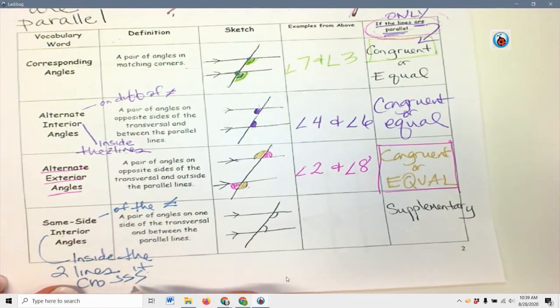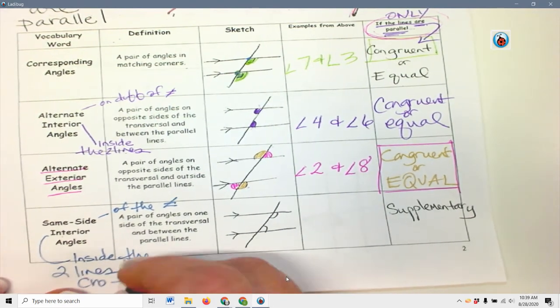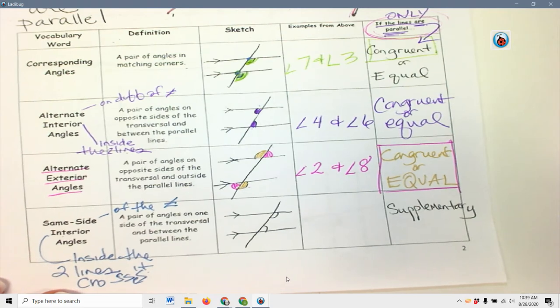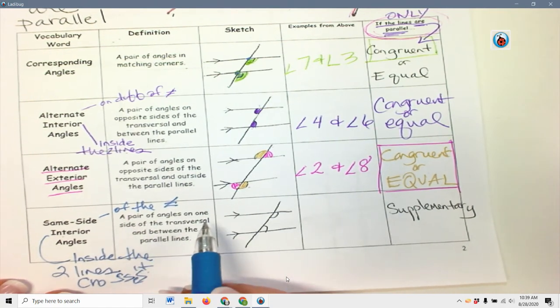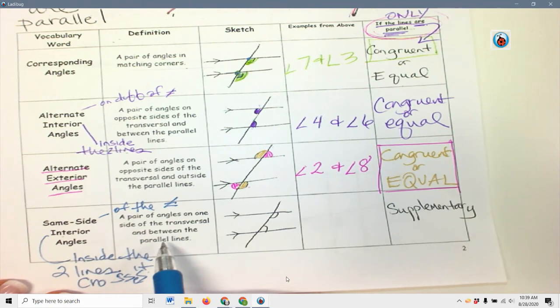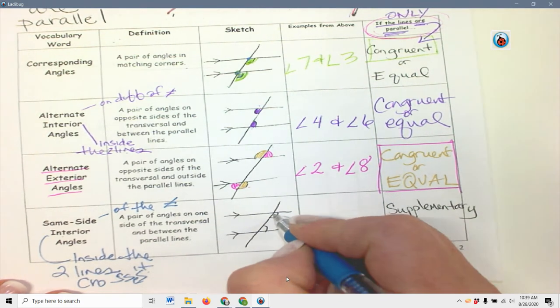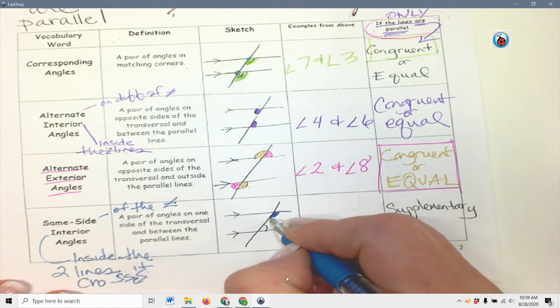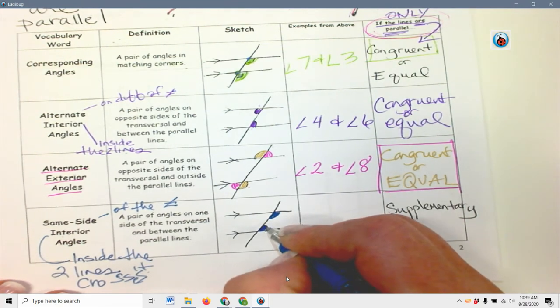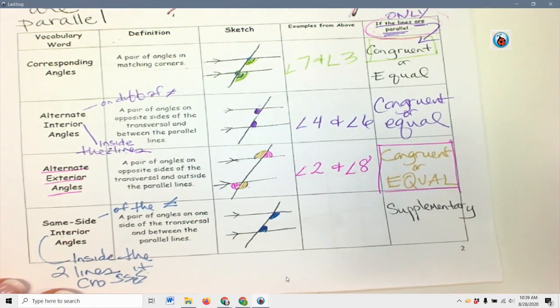Sorry guys, I got my E there. So inside the two lines that transversal crosses. A pair of angles on one side of the transversal and between the parallel lines. So if we're talking about same side interior angles, there they are.